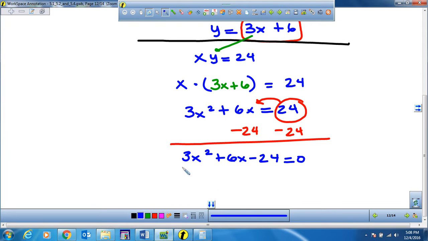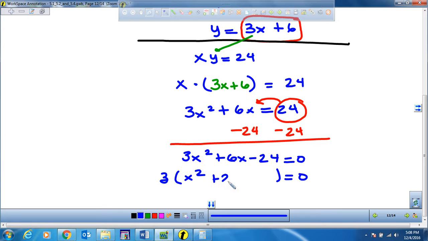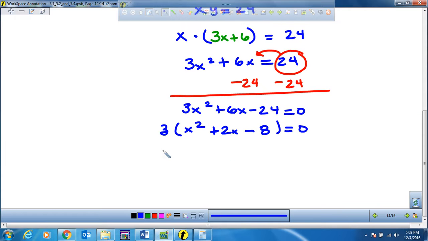So I think we can do greatest common factor again. All these numbers are divisible by 3. 3 times x squared is 3x squared. 3 times 2x is 6x. 3 times negative 8, negative 24. So bring down the 3, but then you're going to factor this more as a trinomial. So x times x, x squared.